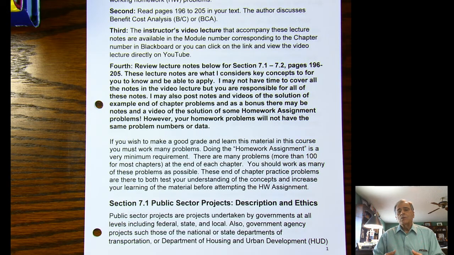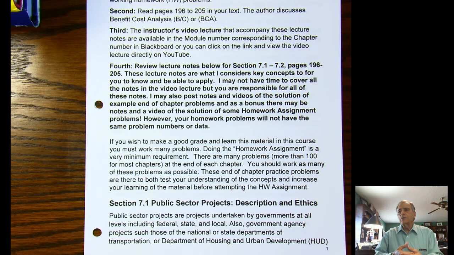Now, when we think about the public, they're really the owners of the public sector projects. And when we talk about public sector projects, we're talking about government projects at the federal, state, or local level.